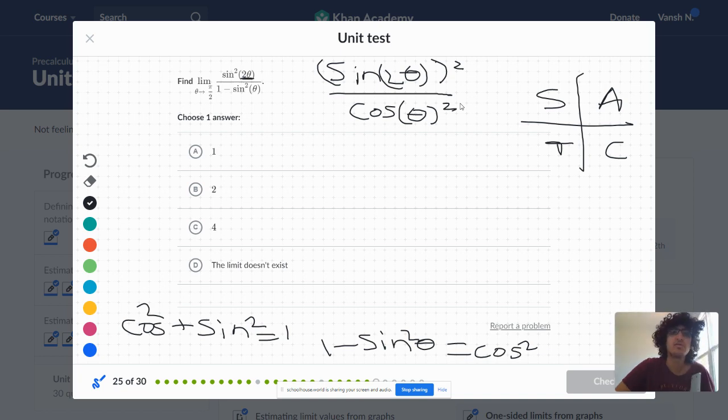Okay, so double angle identity. Fine, let's just do it: pi over 2 is 90. I'm just going to use 89.9 from the left.